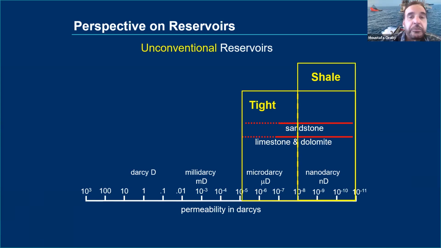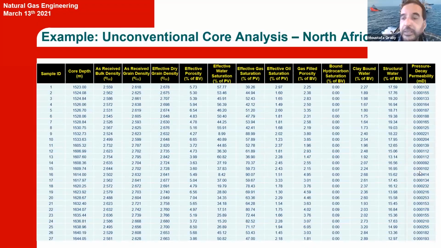Here is an example of core analysis from North Africa. If you look at the permeability here, 0.0000102, for example, millidarcy, it's very, very low. This North Africa example shows an unconventional reservoir with a measured lab permeability of 0.0000-something of a millidarcy.